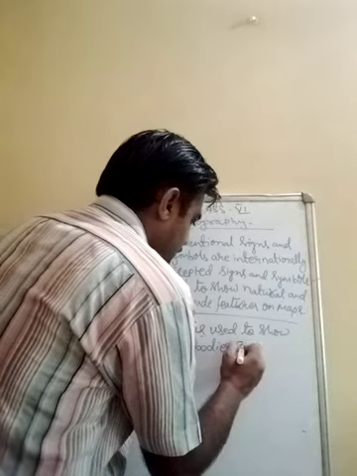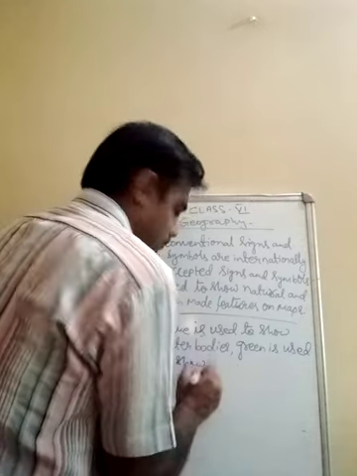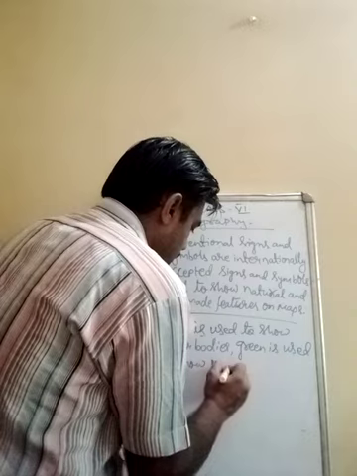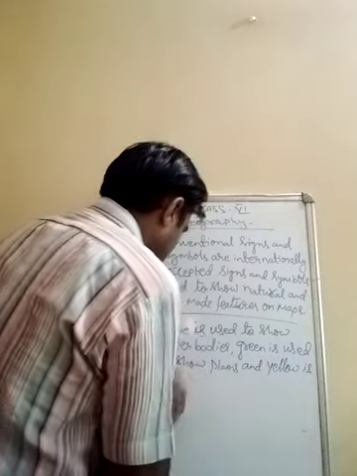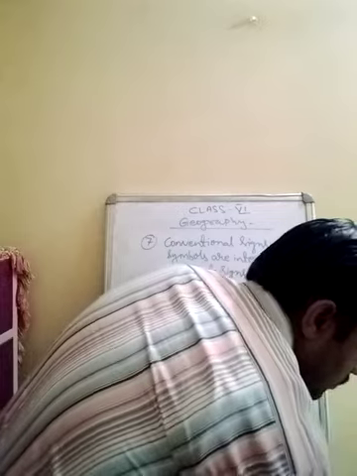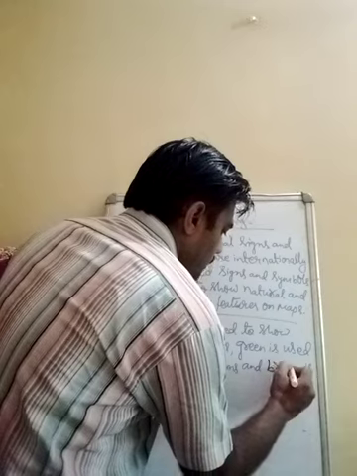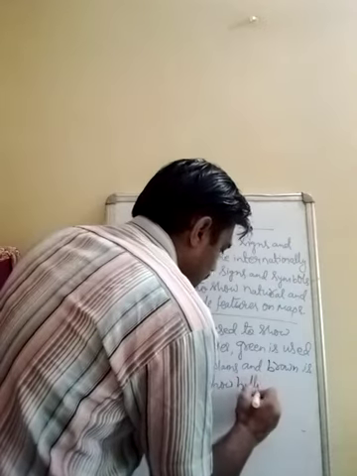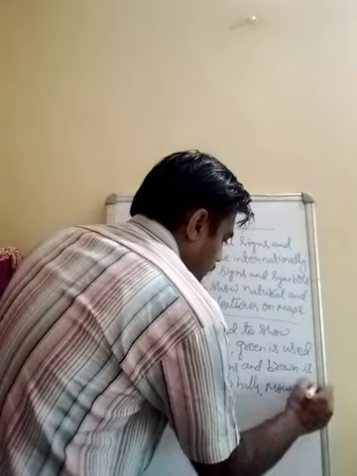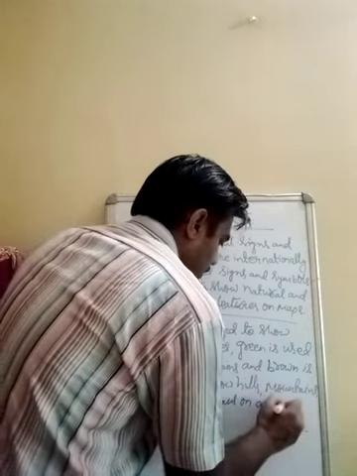Green is used to show plains, and, not yellow, brown, brown is used to show hills, mountains and plateaus on a map.